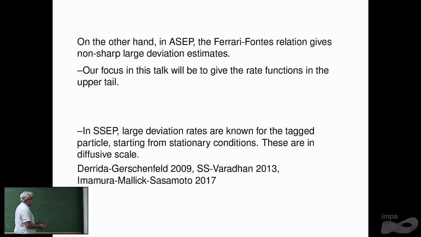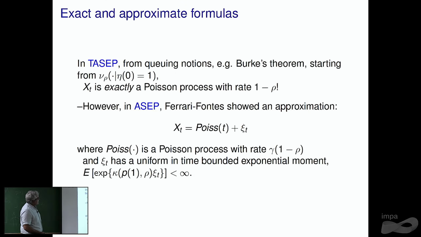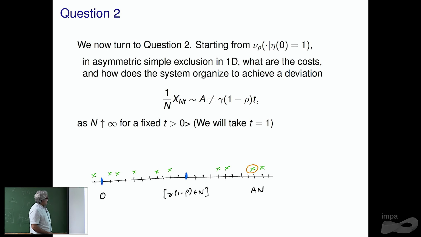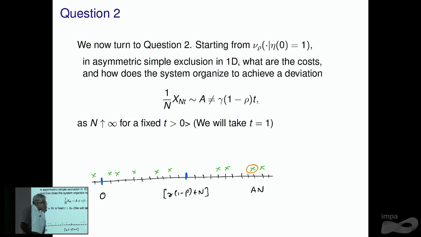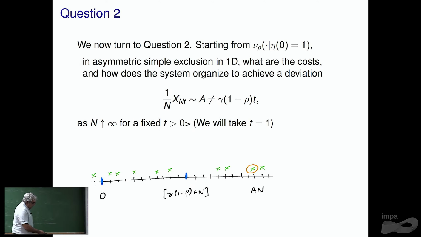So the question is, what are the rate functions in ASEP? And how to understand the question that I mentioned at the beginning: how do the other particles organize themselves to allow the motion from here to here? Even for TASEP, that's an interesting question.